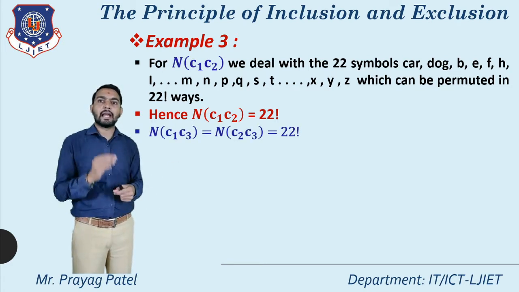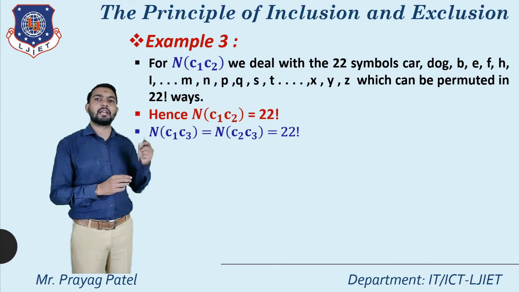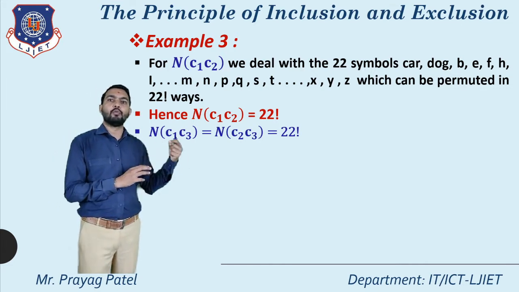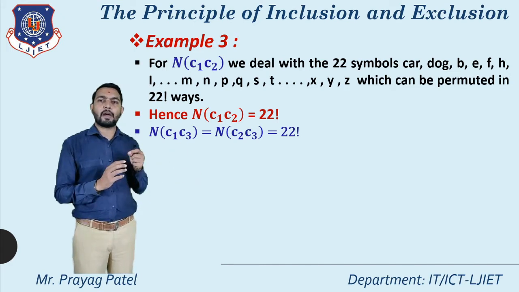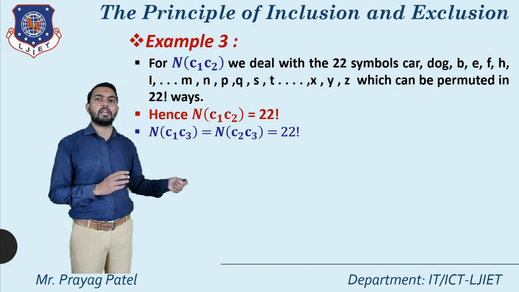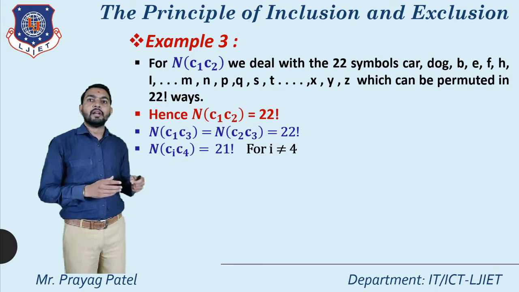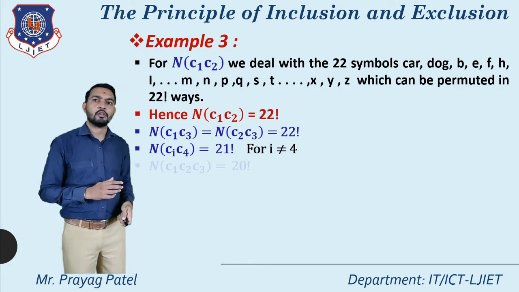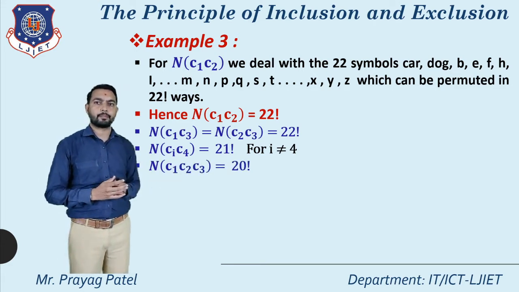In the same way N(C1 C3) means compulsorily you have to include the first and third, and N(C2 C3) is equal to 22 factorial. Now N(Ci C4) is equal to 21 factorial for i not equal to 4. In the same way we find all the values.